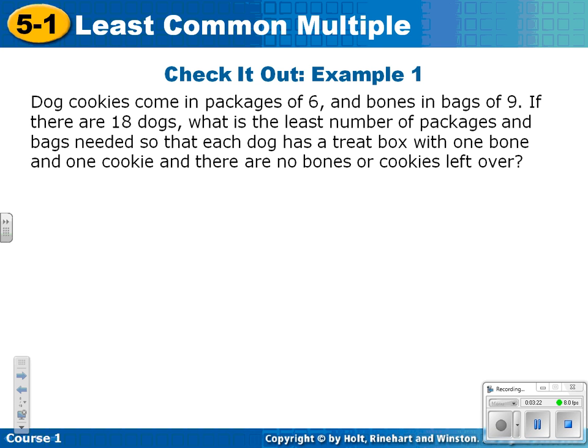Dog cookies come in packs of 6. Bones come in bags of 9. If there are 18 dogs, what's the least number of packages and bags needed so that each dog can have a treat box with 1 bone, 1 cookie? What's the answer? Yeah. 3 packages of dog cookies and 2 bags of bones.